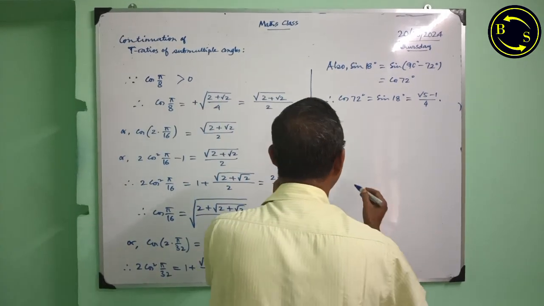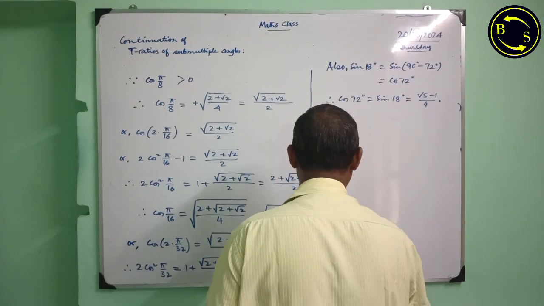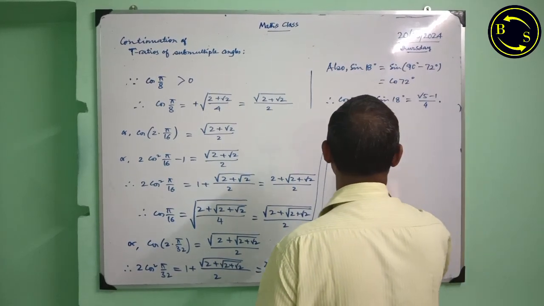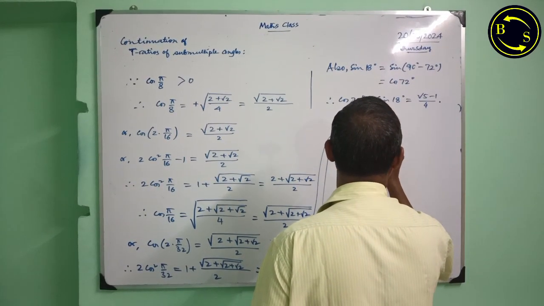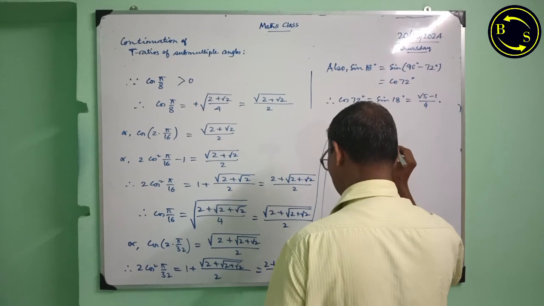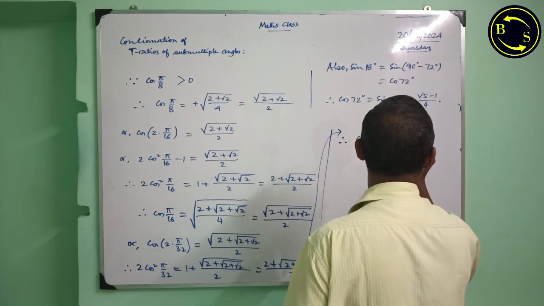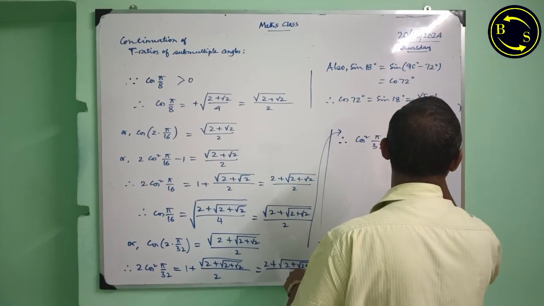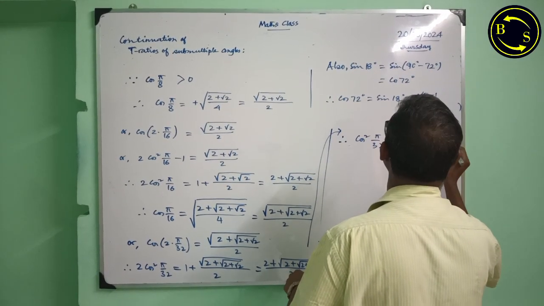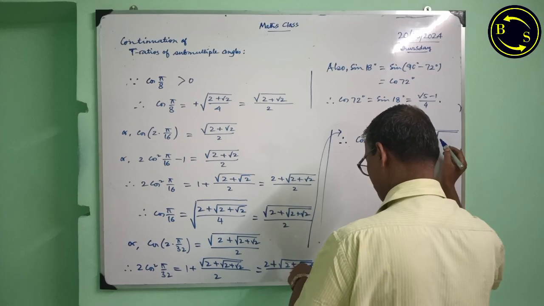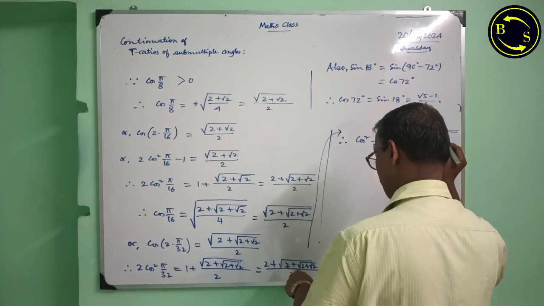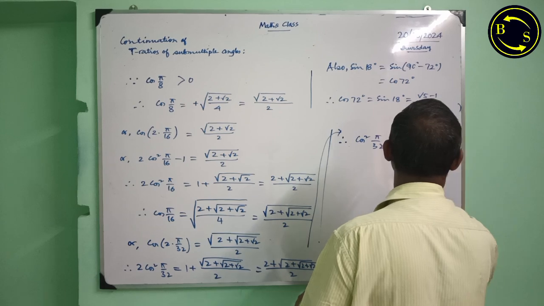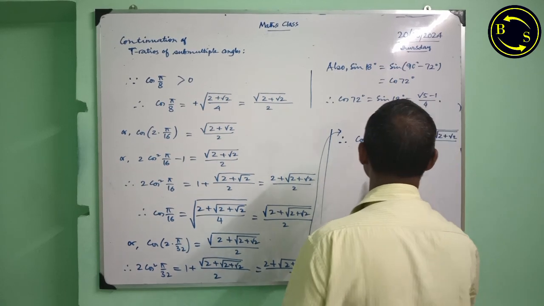Therefore cos square pi by 32 will be equal to 2 plus square root 2 plus root 2 by 4.